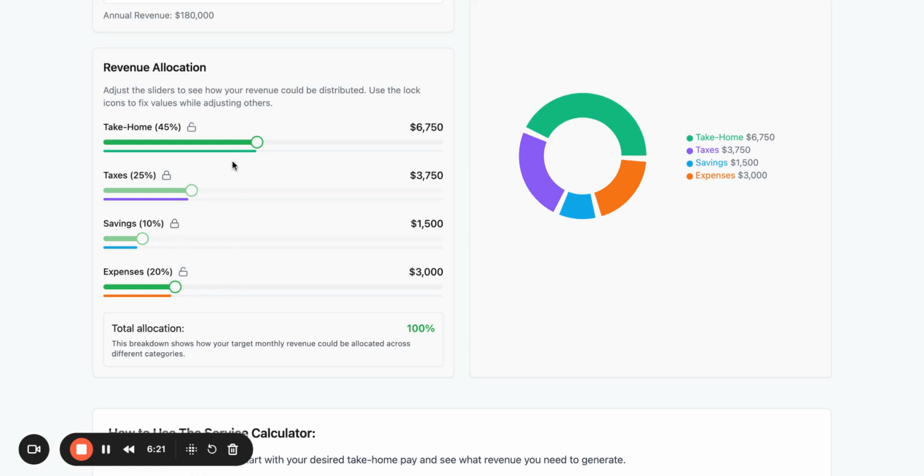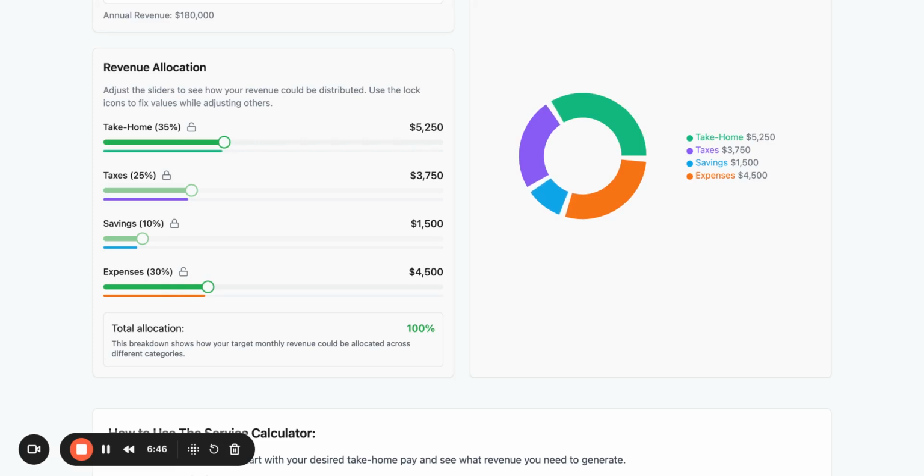Now this tells us, okay, if I am making this much money, here's how much I could be paying myself. If that feels high or unnecessary or something that you don't want to maintain, we can lessen that. And the money's going to go somewhere. It's either going to go in the business, to you, or to expenses, right?